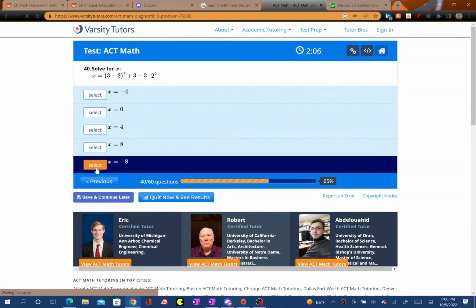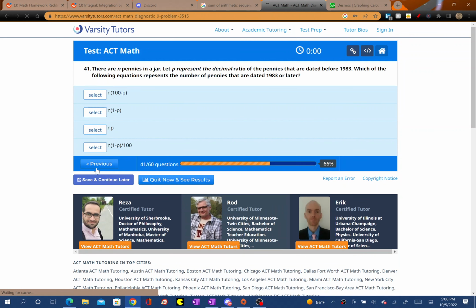Okay. There are n pennies in a jar. Let P represent the decimal ratio of the pennies that are dated before 1983. Which of the following equations represents the number of pennies that are dated 1983 or later? So, oh god.